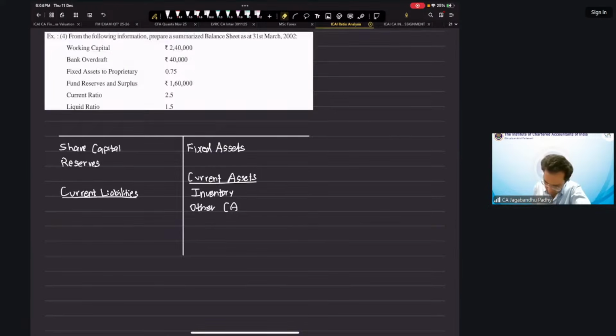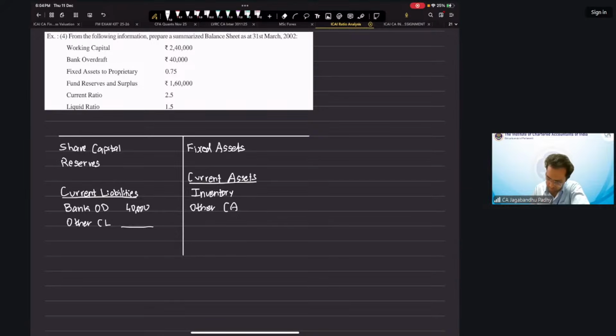In current liabilities, you are going to have bank overdraft and other current liabilities. Now, of course, we can see the bank overdraft is 40,000. That's already given to us. Of course, the total needs to be calculated with regards to the current liabilities.